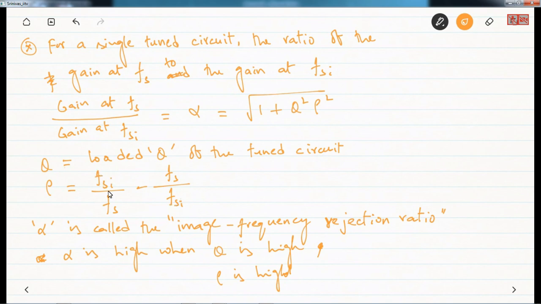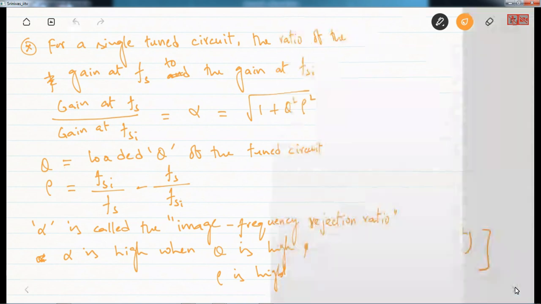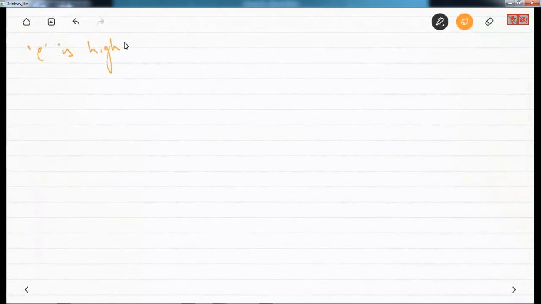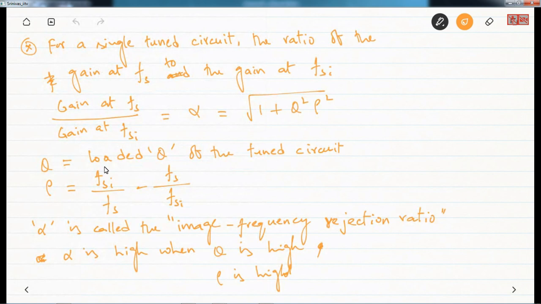So rho is high when Fsi is much higher than Fs, because when Fsi is very high, this term will be very high and this will be very low, and then rho will be high.